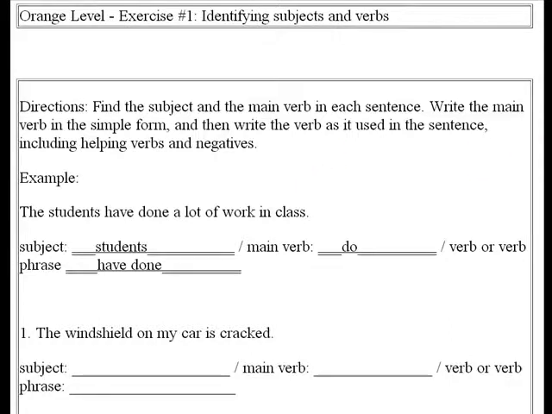So what you need to do is stop the video, and on a separate sheet of paper, maybe just put the number down and put the information in, and I will also, as part of this video, give you the answers. Okay?